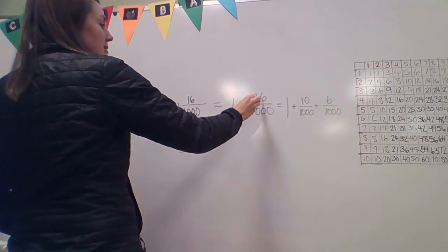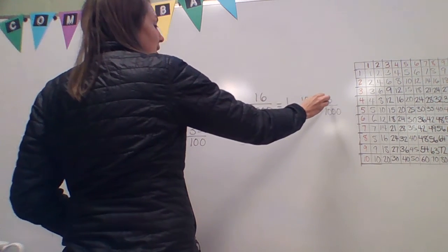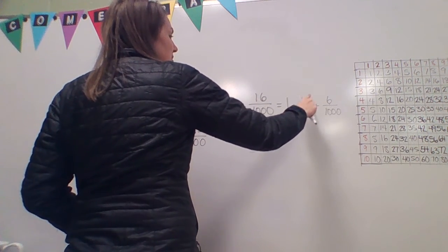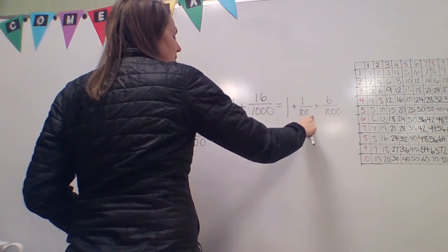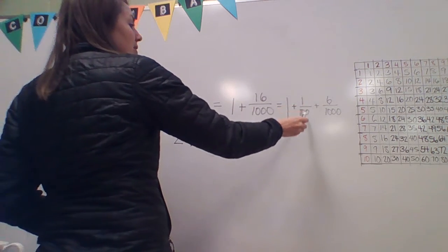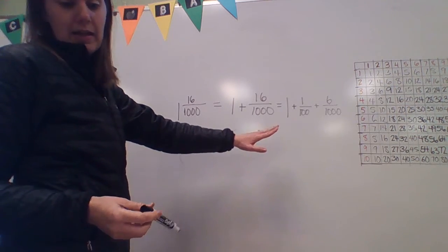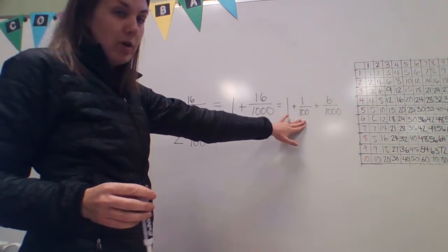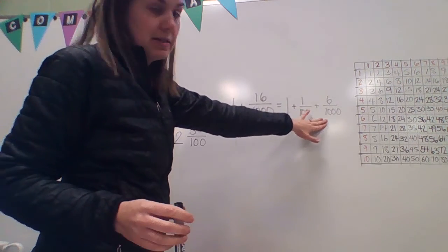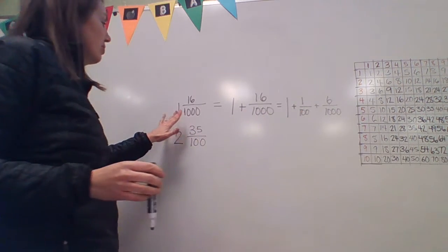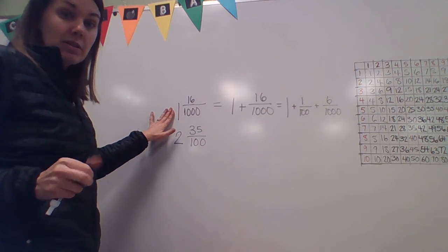Because I've taken my 16 and broken it into 10 and 6. And then I'm going to take that 0 away on each and say that then I have 1/100 plus 6/1,000. So it's like saying that I have 1 plus 1/100 plus 6/1,000 to make a total of 1 and 16 thousandths.